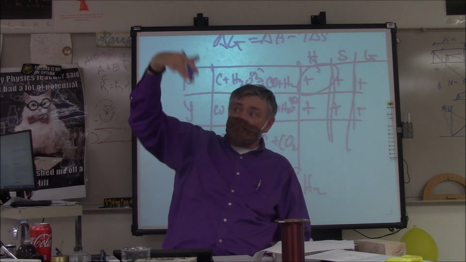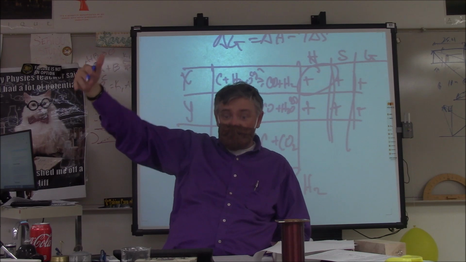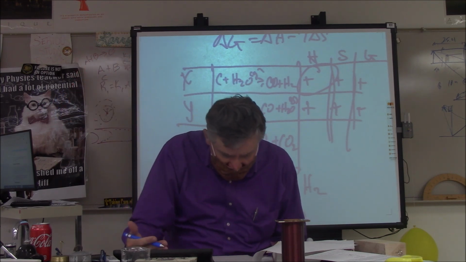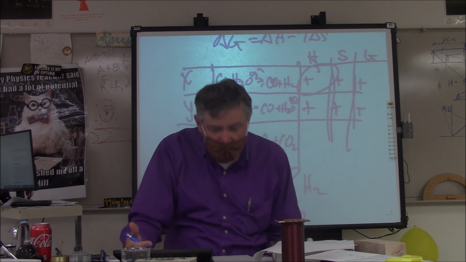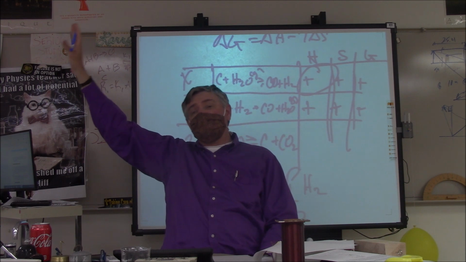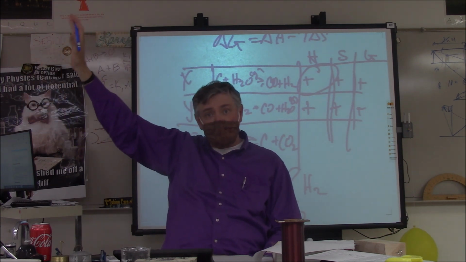So if you dump more and more energy into this, if you raise the temperature, what is it asking for? Kp. Because if you put more and more energy into it, it's going to force it to make more product.